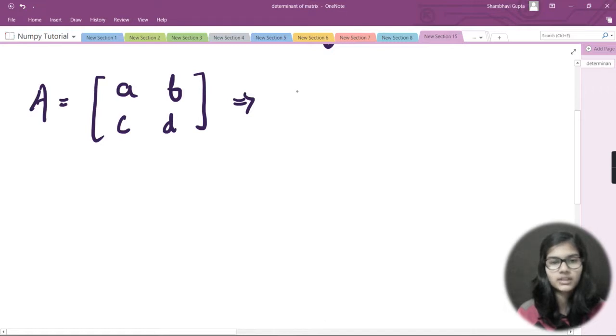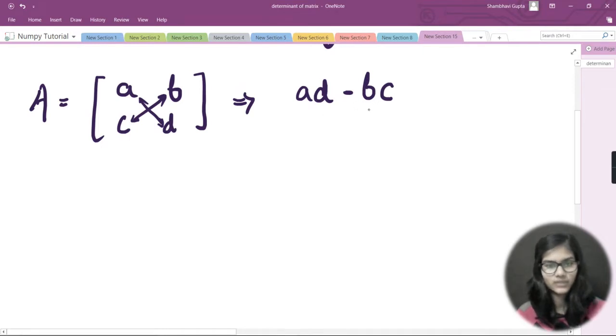A and D are multiplied with each other, right? The diagonals are multiplied with each other. So A and D, and I would put a minus sign here, and B and C, these diagonals, are multiplied with each other. So the formula for finding the determinant of a 2 cross 2 matrix is AD minus BC.